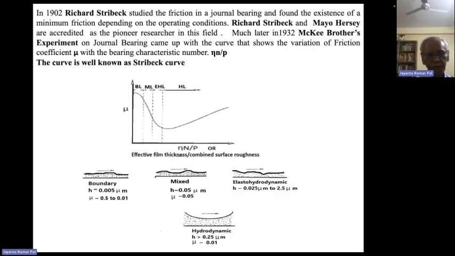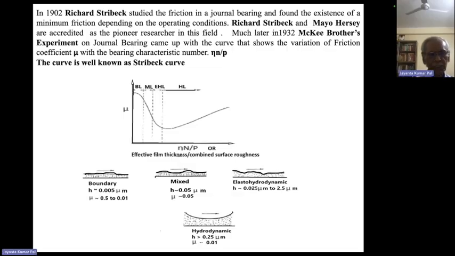That means if either viscosity eta or surface speed N is small, or load is large, then there will be a condition where the surfaces will be nearly in contact, and this condition is called BL or boundary lubrication.